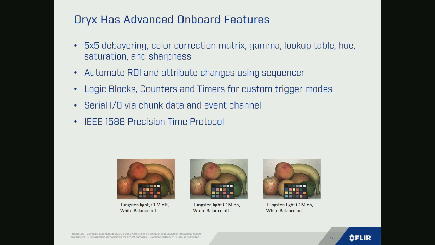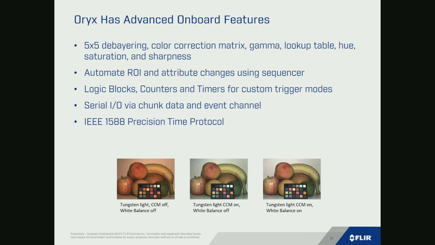Some of the features that we're really excited about with Oryx as well: a lot of onboard processing to offload the color processing and debayering onto the camera's FPGA, rather than the host. We have a 5x5 debayering and a color correction matrix, which is really cool.